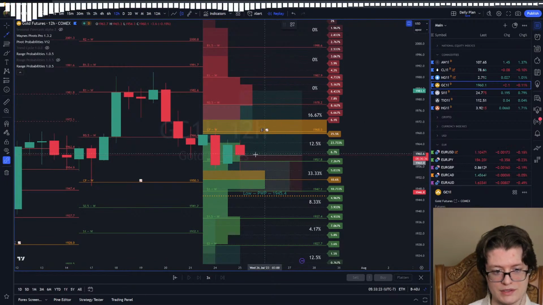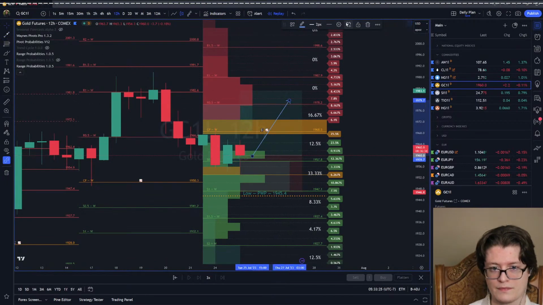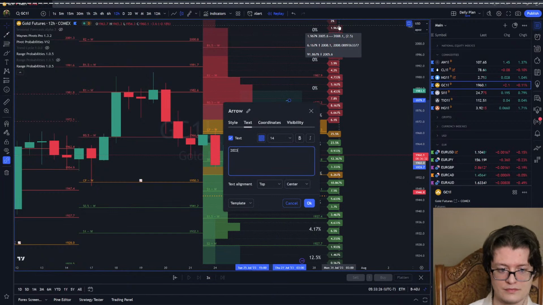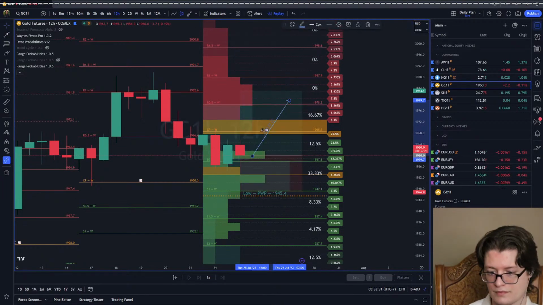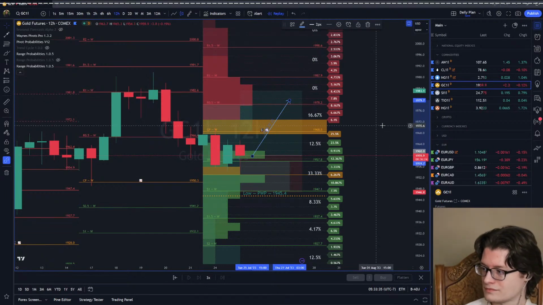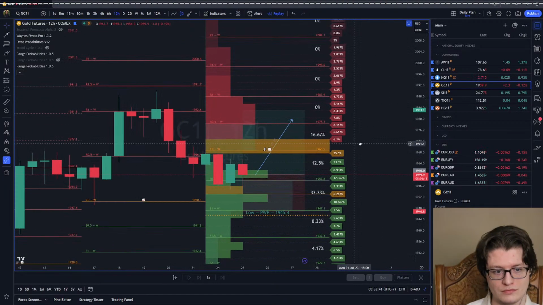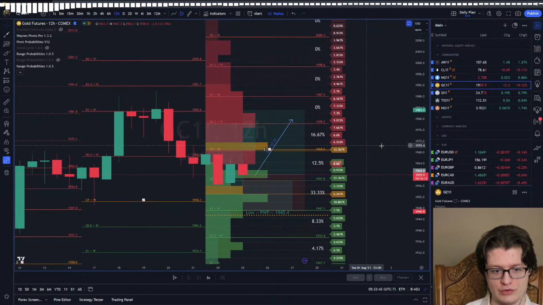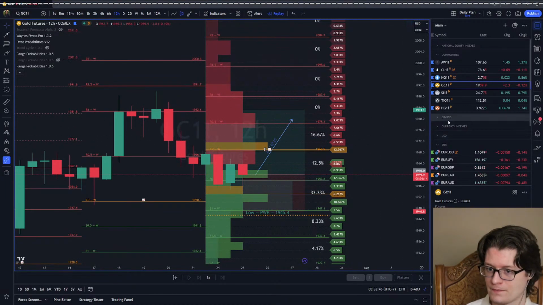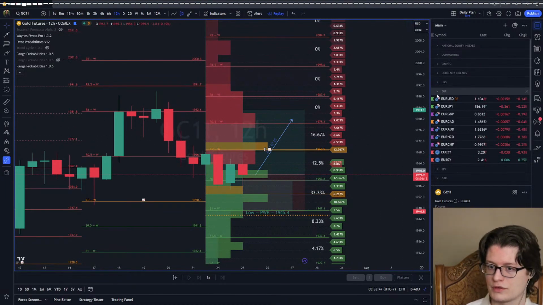Yeah, something along these lines. That's what I'd be looking at for gold. Just above the R0.5 weekly. Okie doke.